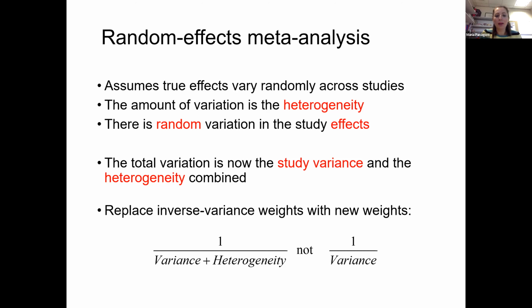And I'm not going to go into huge detail about how it is calculated, but there is a statistical logic behind it. Alex knows very well. For example, in the case of a random effects analysis, instead of using one divided by variance, you also consider the heterogeneity.